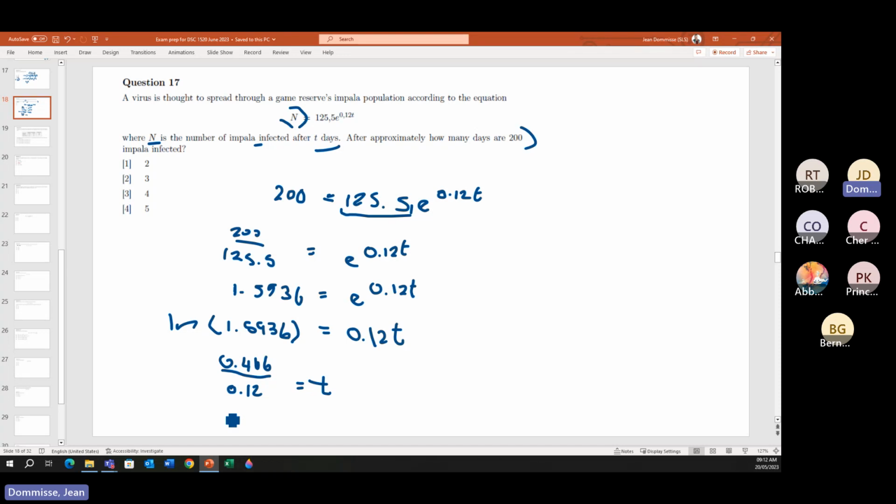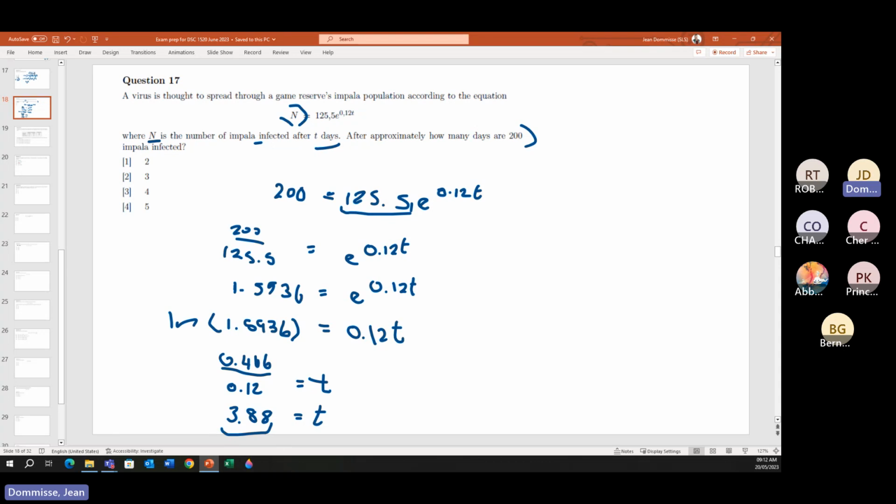So divided by 0.12 will give you t is equal to 3.88. And they tell us approximately how many days, so we will round that up to the nearest day, which will be 4, which is option 3.